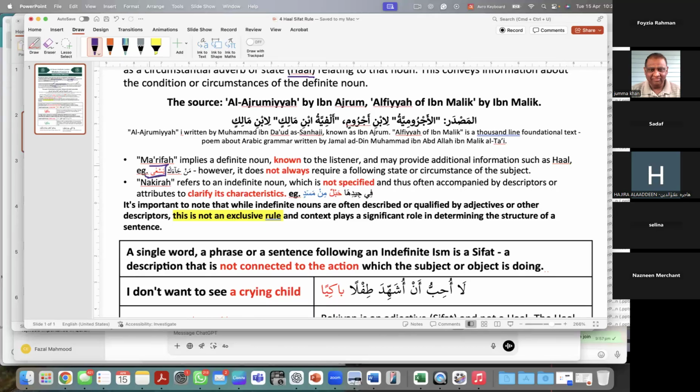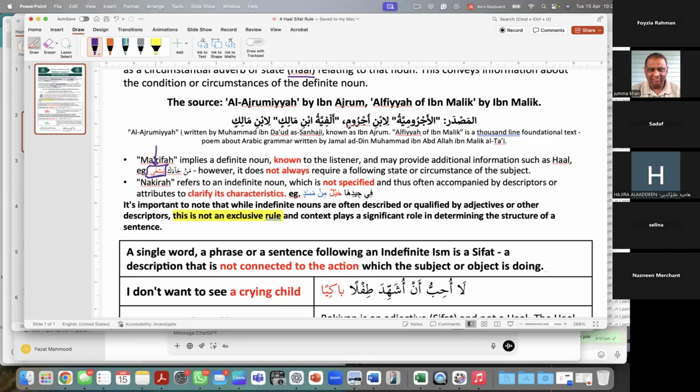Sa'a yas'a, that is mudario. And what's the meaning? Who came to you? Anyone knows the meaning? Hurriedly, rushing, in the state of hurry. Man ja'aka yas'a, who came to you rushing, in a state, in a condition, that is Haal.